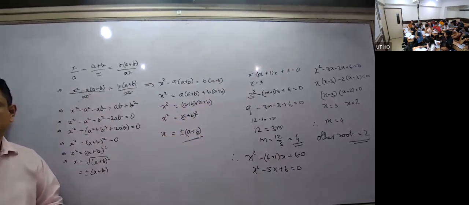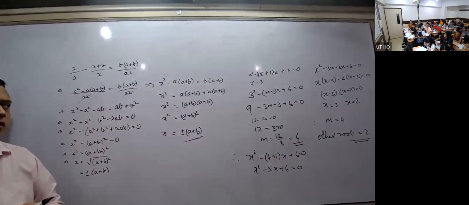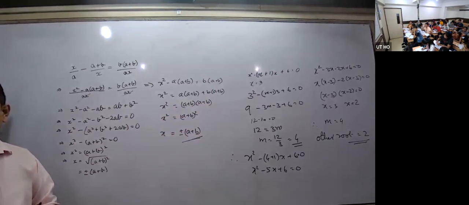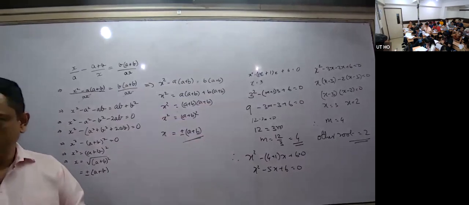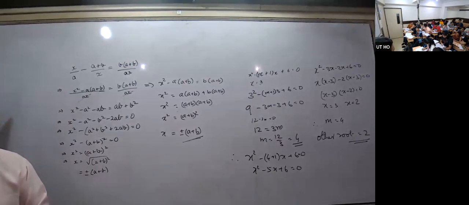What happened? You got the value of m is equal to this. You got m is equal to 4. Did you solve? And you got the other root is equal to 2. So you trust yourself.